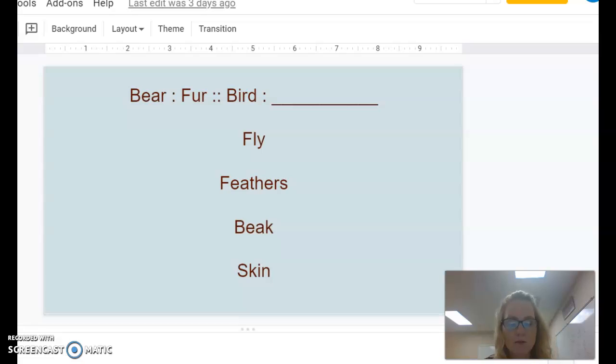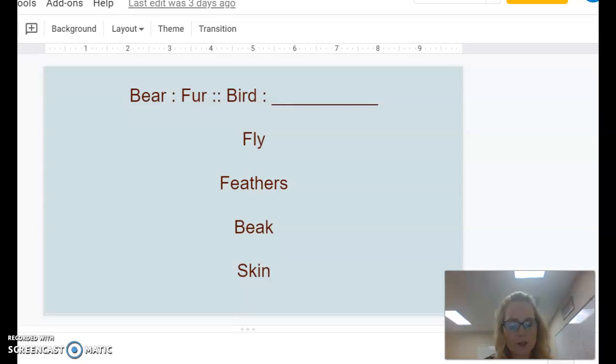So our job is to find the relationship or connection between the first two parts. How are the words bear and fur related or connected? Well, I know that bears are covered in fur. So I need to keep that connection in mind to solve the second half. Bird is to blank.